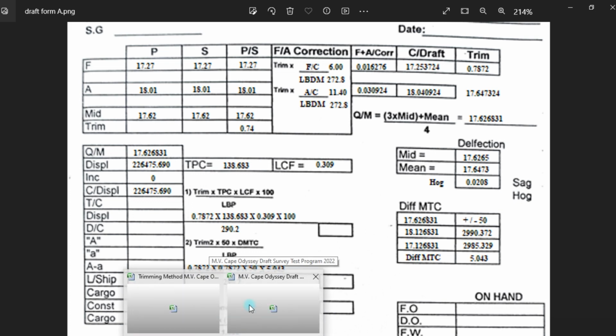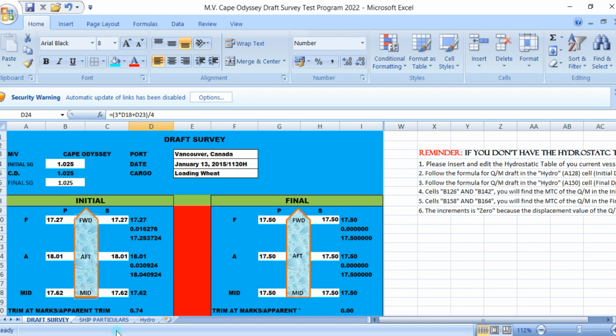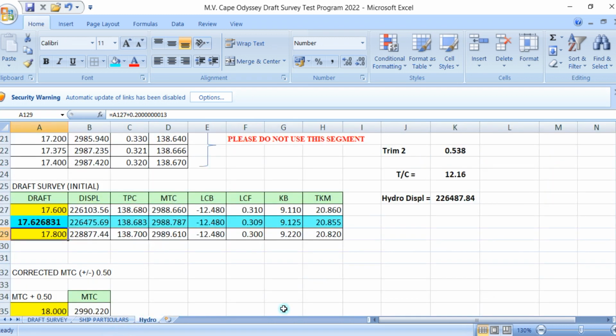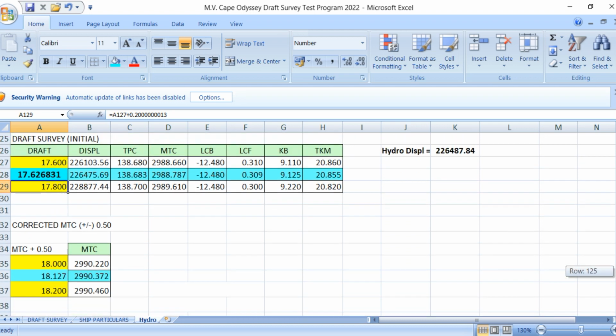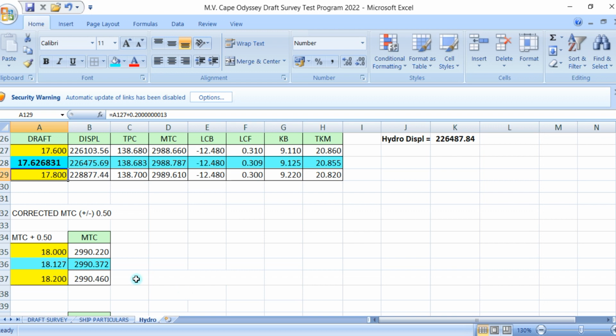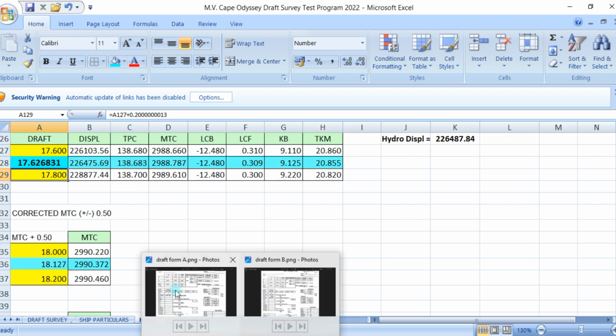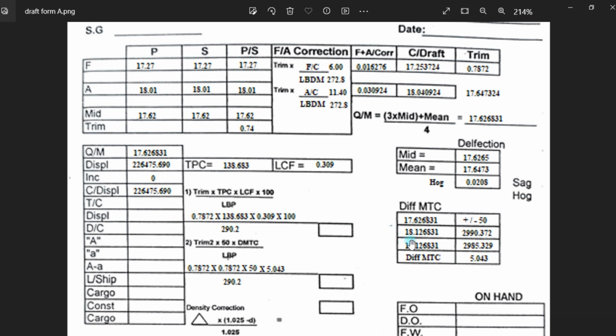You go to the hydrostatic table, and you will get the value of MTC. If you add 50 centimeters here, that will be 18.1268.